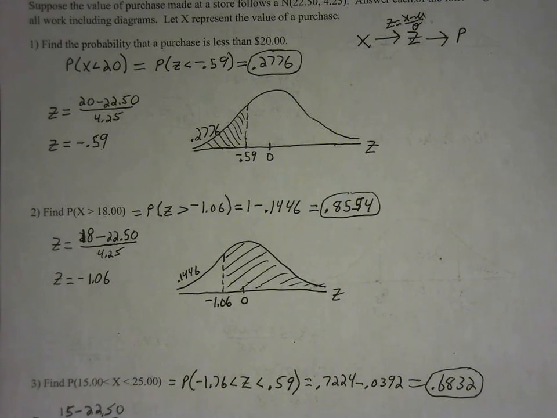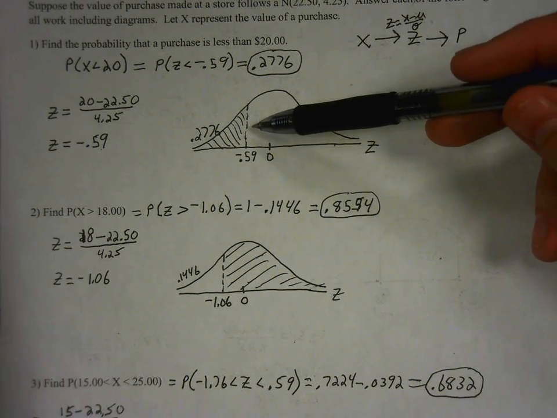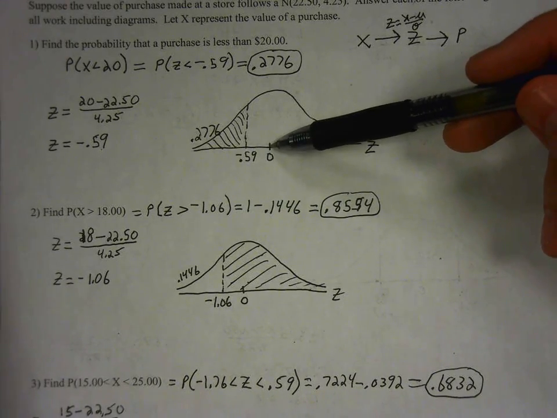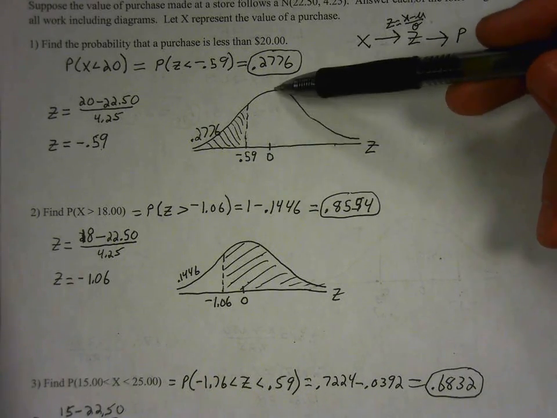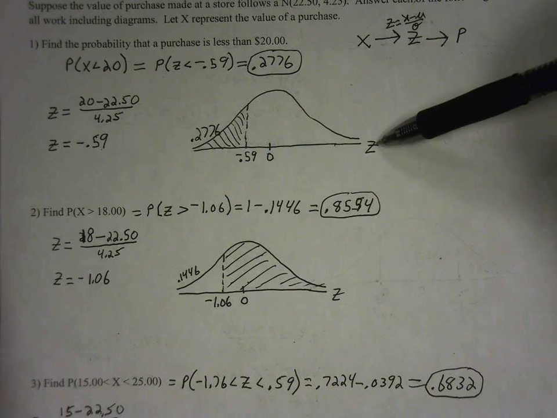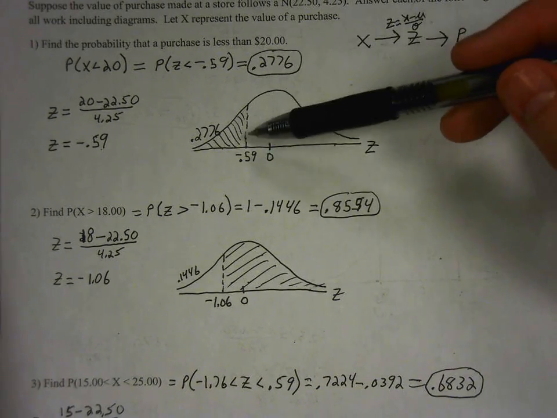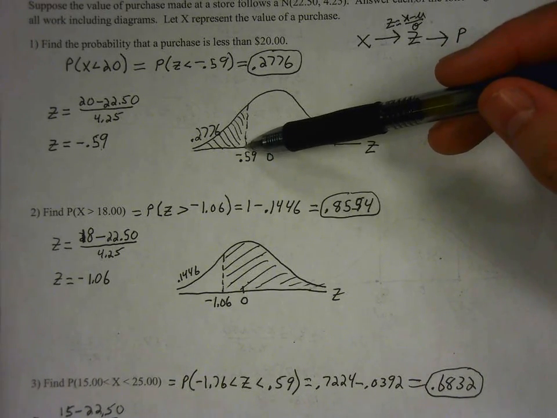0.2776. Remember, that value comes from when you shade your diagram. You put your 0 in the center because that's where the mean is. The mean is 0 standard deviations from the mean, so 0 is always in the center of your z-axis. Negative 0.59 will be on the left-hand side of 0.